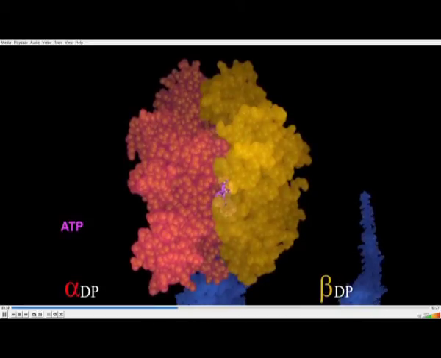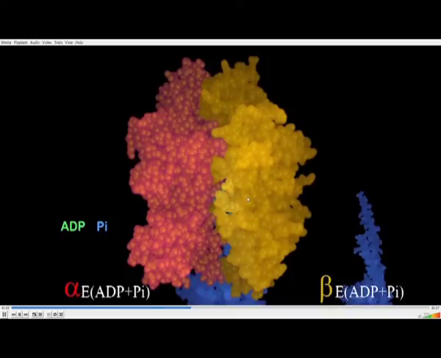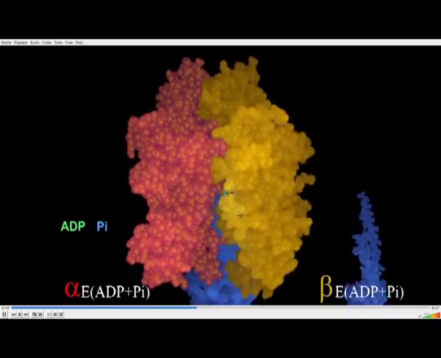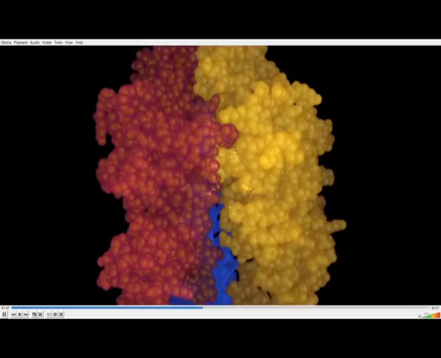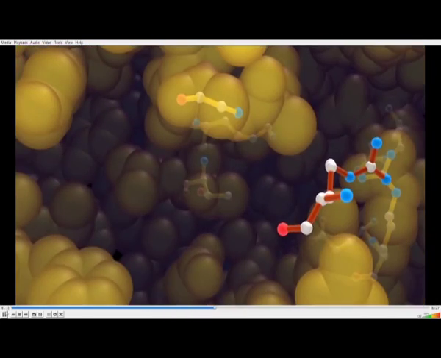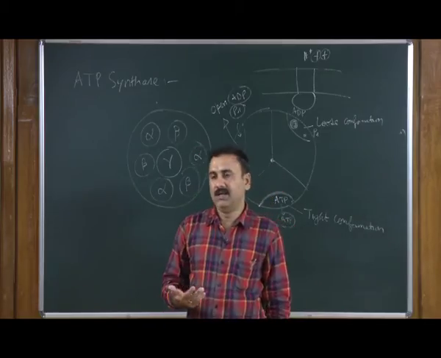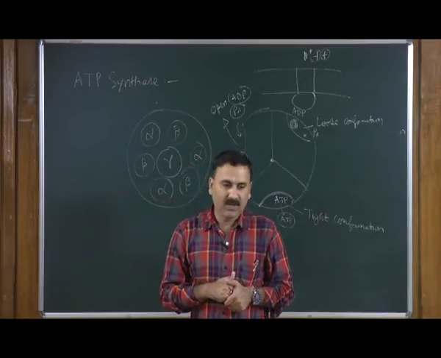As soon as the ATP is formed, the active site gets converted into the open conformation, and it releases the ATP from the active site. So, we are not going to get into the detail of how the bonds are forming and how the ADP is getting coupled to the Pi to generate ATP.